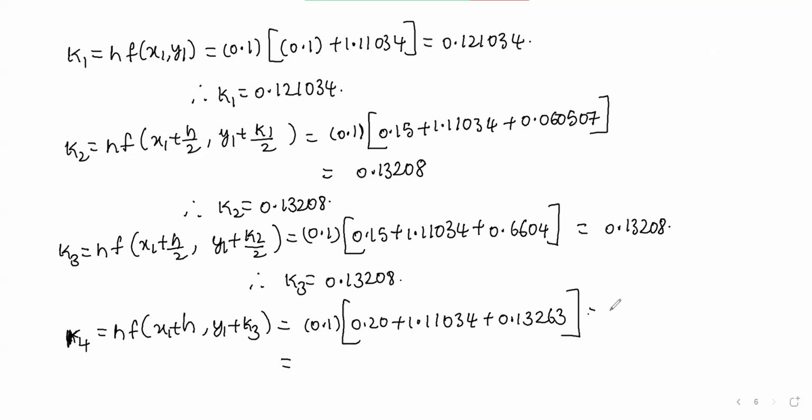That is equal to 0.14263. Therefore, K4 is equal to 0.14263. So these are the K1, K2, K3 values.